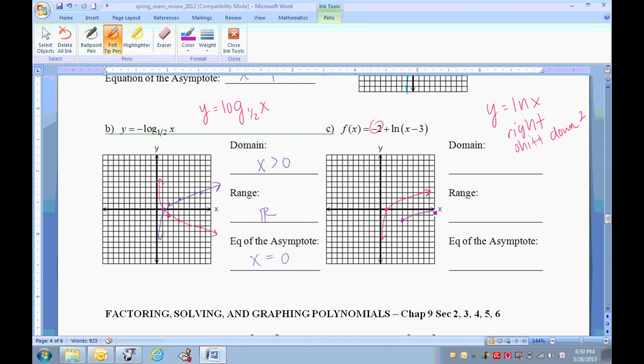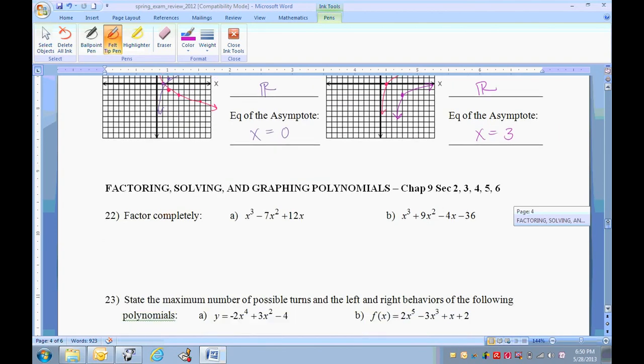And I'm going to mimic this graph. My domain for this graph is x must be greater than 3 because I have an asymptote at 3. My range is all real numbers because it's going to keep getting higher and lower. And the equation of my asymptote is x equals 3.